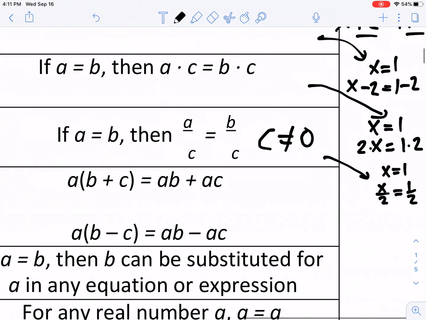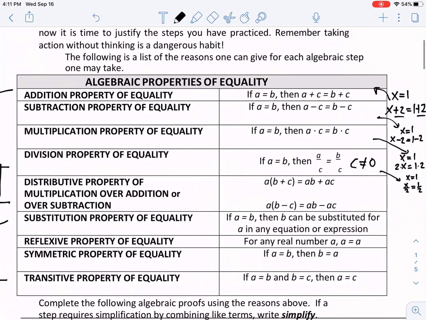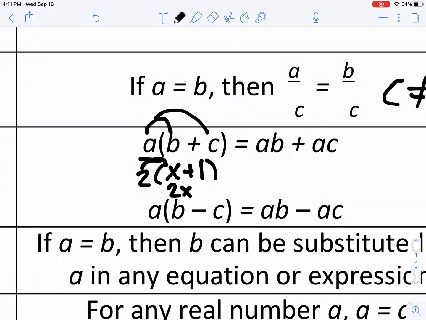Now, the other one that you may come across that might be common here is the distributive property, which we've already gone over before when we did combining like terms and the distributive property. We know if I have some number in front of the parentheses, we multiply that to each term on the inside. For instance, if I had 2 times (x plus 1), we could multiply this and we'd have 2 times x is 2x, and then 2 times 1 is 2, okay?